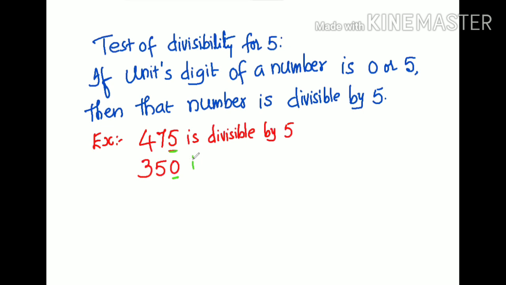So we can decide 350 is divisible by 5 without actual division. 392 is here. Is 392 divisible or not? Here units digit is 2. So therefore 392 is not divisible by 5.